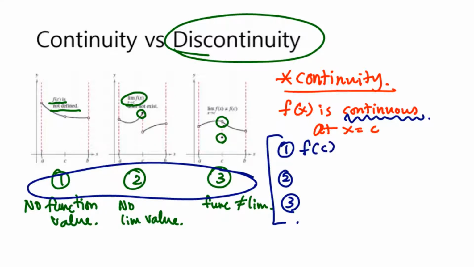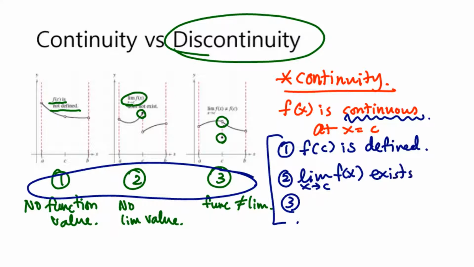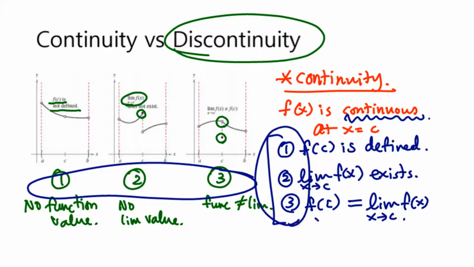There has to be a function value to be continuous, so f of c is defined. Number two, the limit of f of x as x approaches c exists. Number three, the function value f of c is equal to the limit value of f of x as x approaches c. So if the function satisfies these three conditions, then we say that the function is continuous.